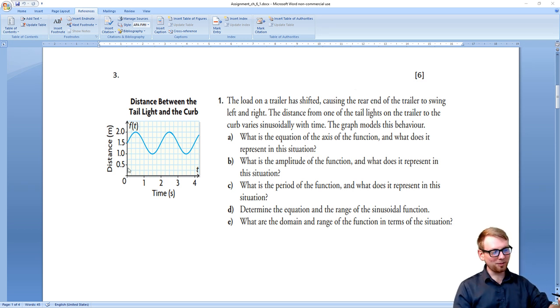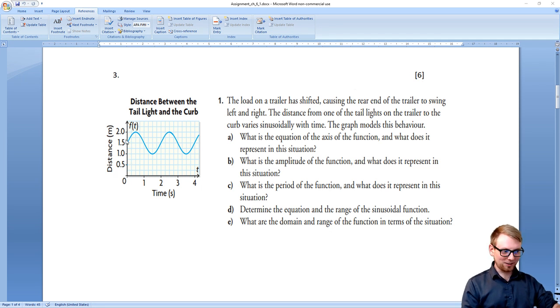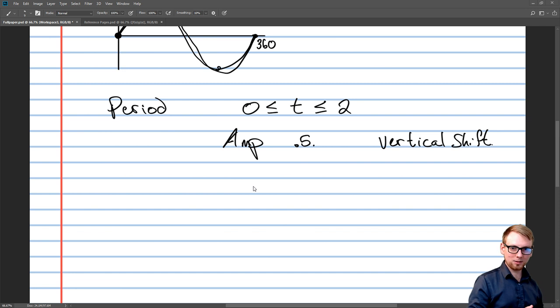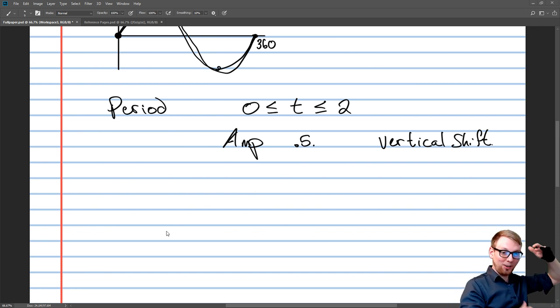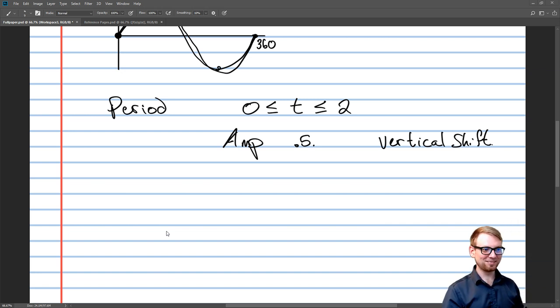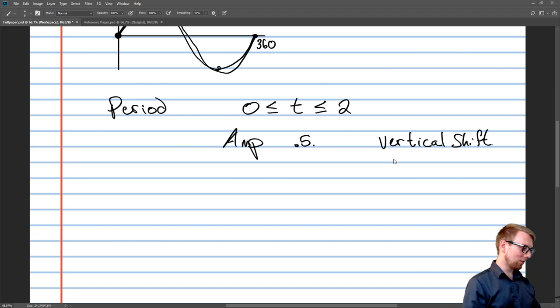Not 0.5. 0.5 is down here. Does the function start down here? No, it starts at 1.5. Remember, the sine starts at 0. So if we all of a sudden start at 1.5, we've gone up 1.5. So our vertical shift would be plus 1.5.